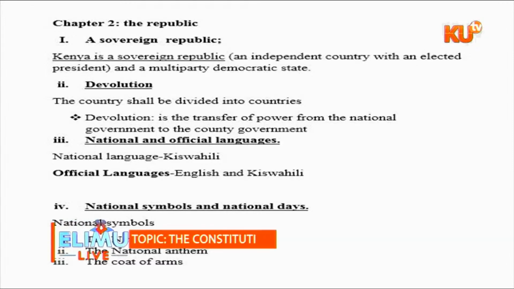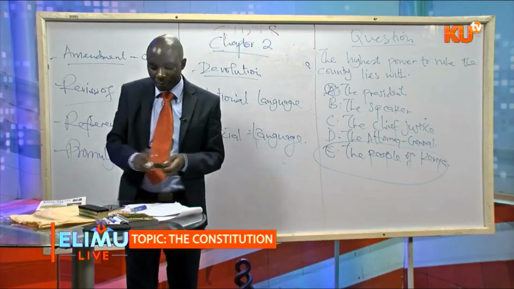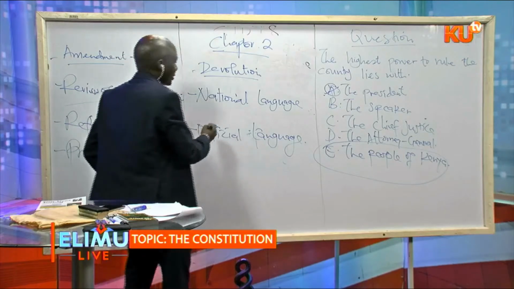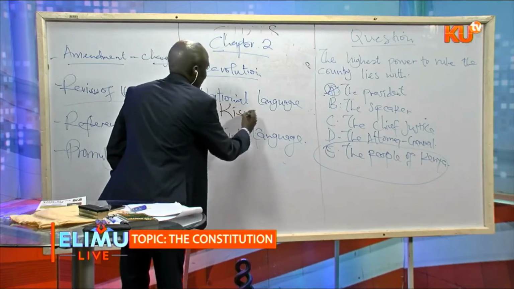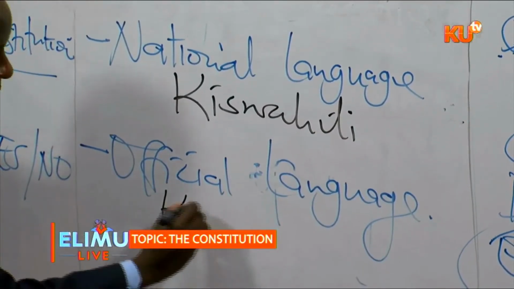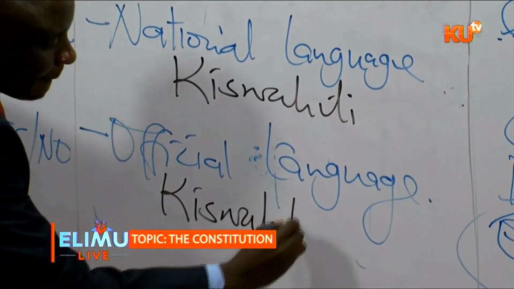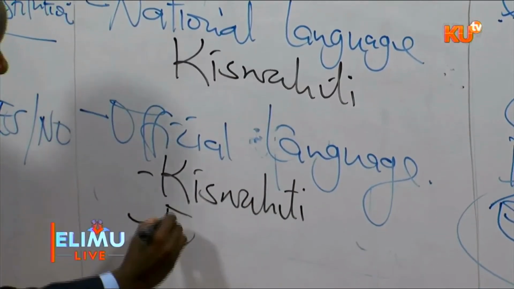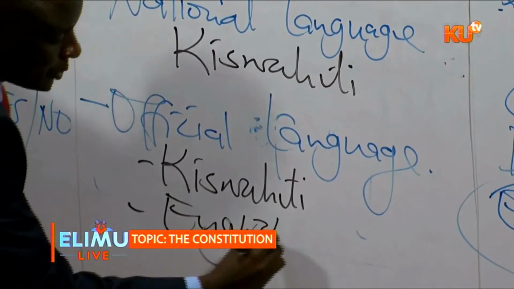Now, we have national language 1, official languages are 2. So what are they? The national language is Kiswahili. The official languages are 2, that is Kiswahili and English. That's what the question talks about.